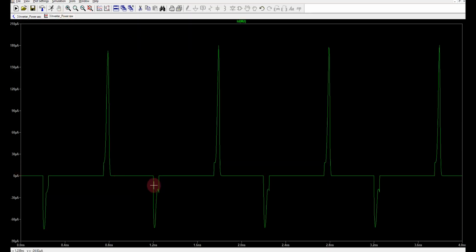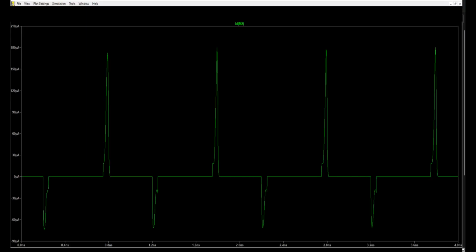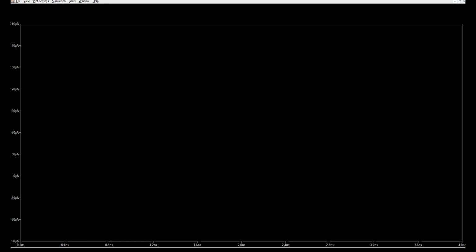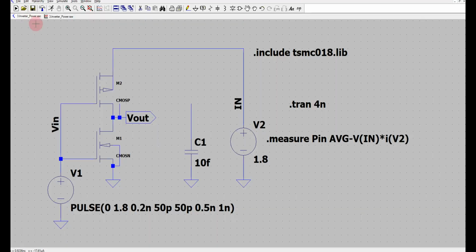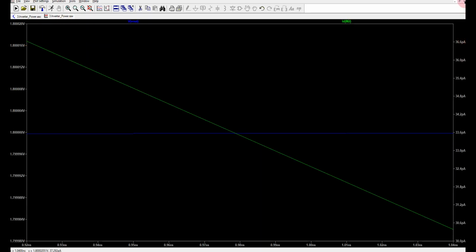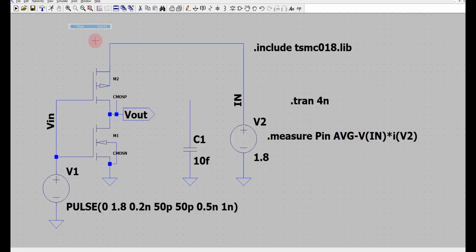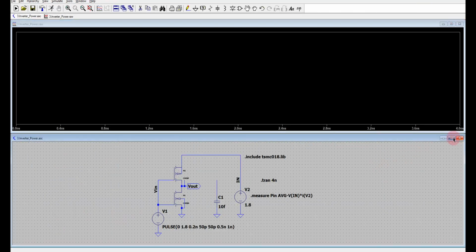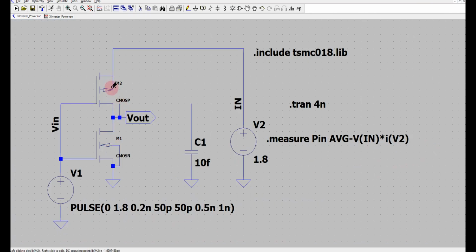Now let me plot only the output. Let me plot the current as well as the output voltage.